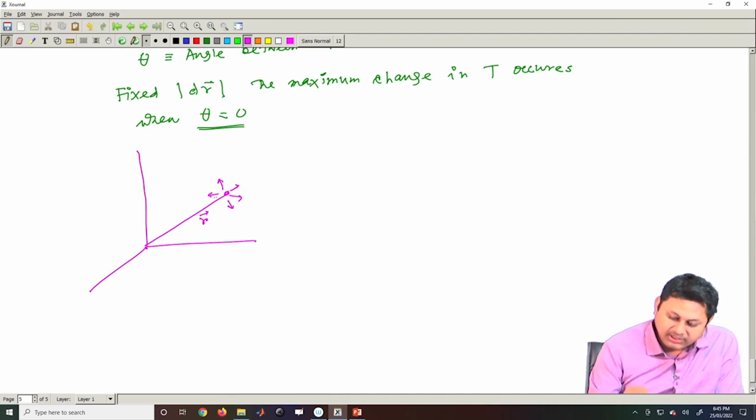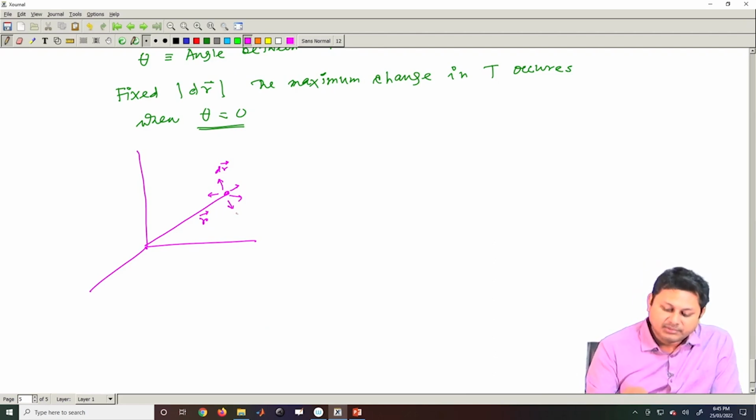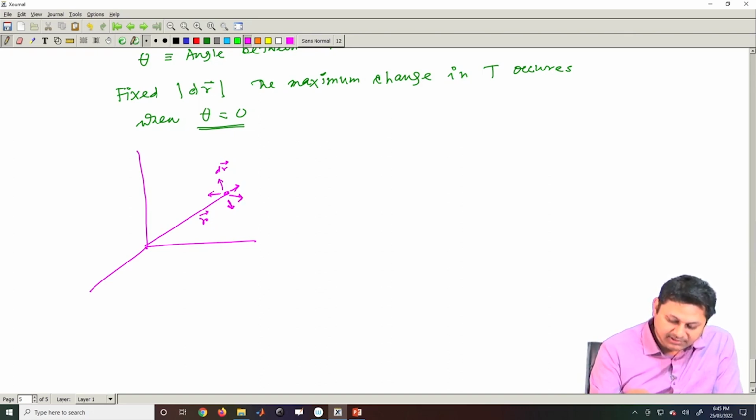So, this is the dr vector, but I am saying that for a fixed dr, all these directions are possible, and this is my choice, I can move in whichever direction, but the mod of dr is fixed.